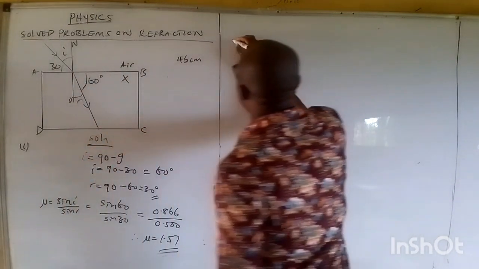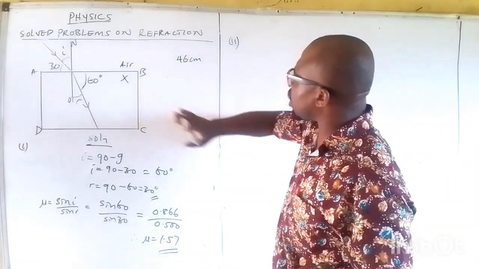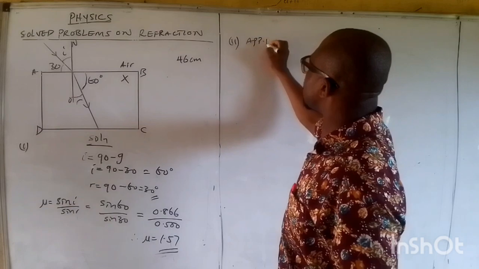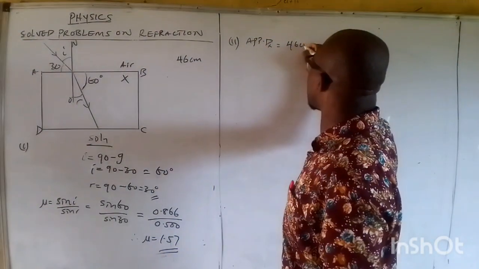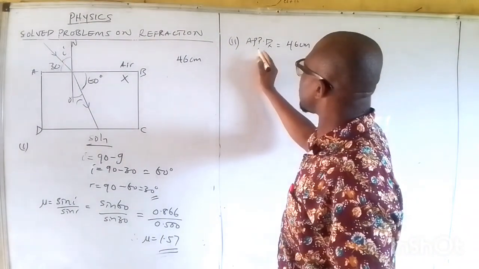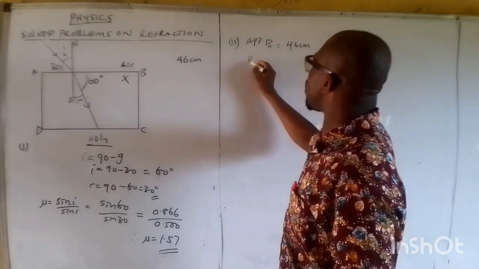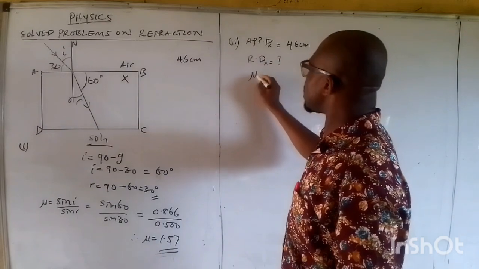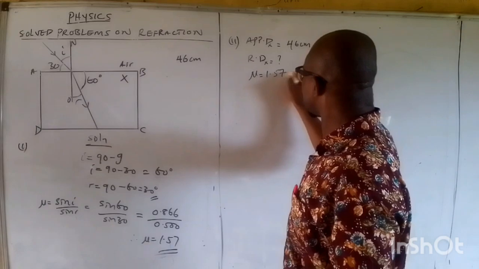Now for the second question, we want to find the thickness of X. Given that the apparent depth of X is equal to 46 cm, we want to find the thickness of X. Thickness of X is the same as the real depth of X. So real depth of X is unknown. Remember that our refractive index is 1.57.